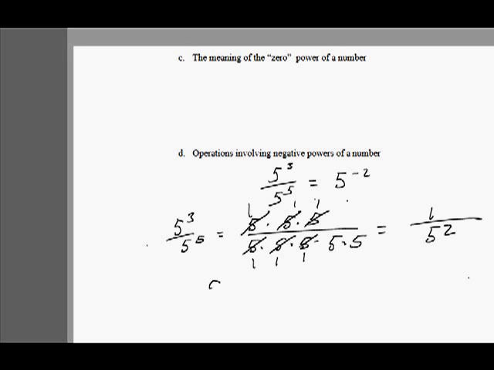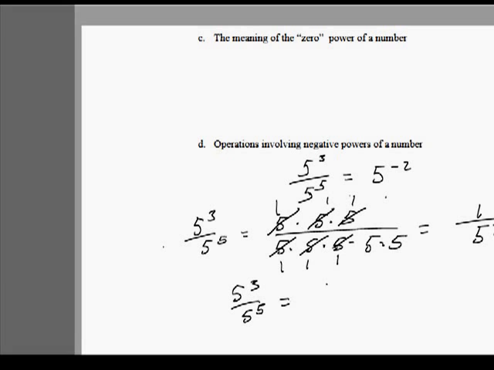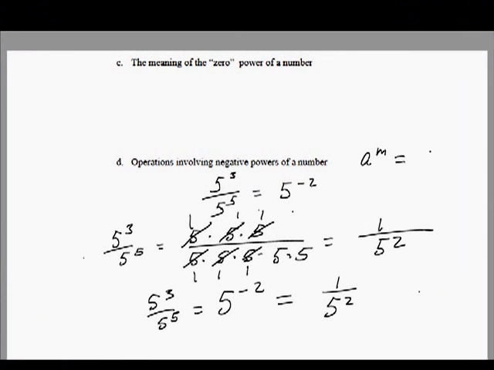So in this example, we can observe that applying the rules for the quotient of powers of the same base, we get 5 to the minus 2. We've shown that that's equal to 1 divided by 5 squared. And the rule is that a to the m is equal to 1 over a to the minus m, or it might be written a to the minus m is equal to 1 divided by a to the m.